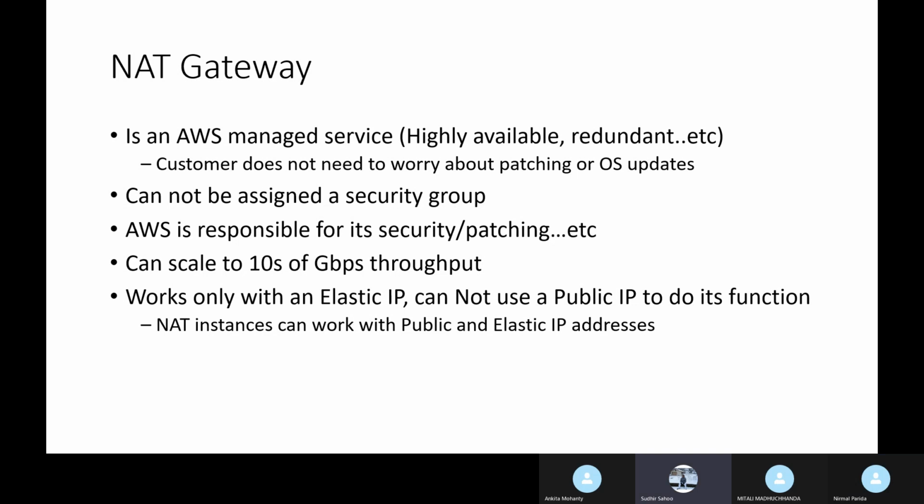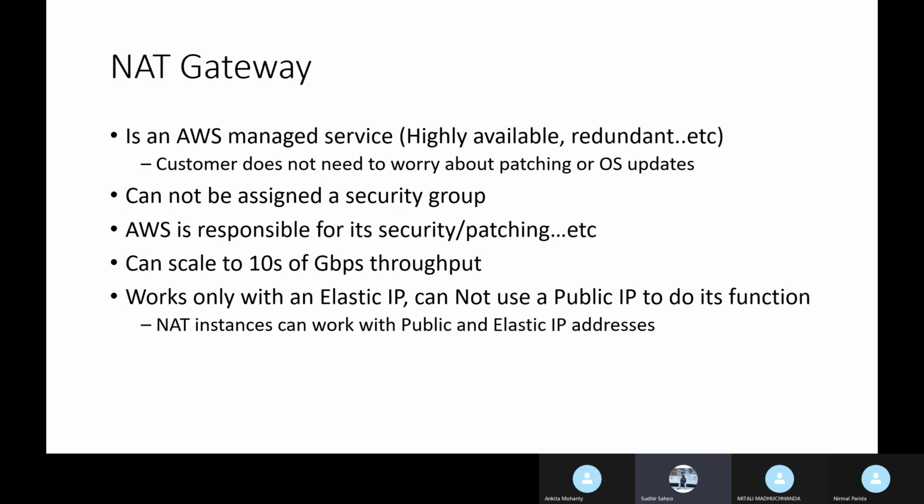So just to add one thing here, Mithal, your question was how it is scalable. The most important scalable thing, I think the third or fourth bullet point here, can scale to tens of Gbps.